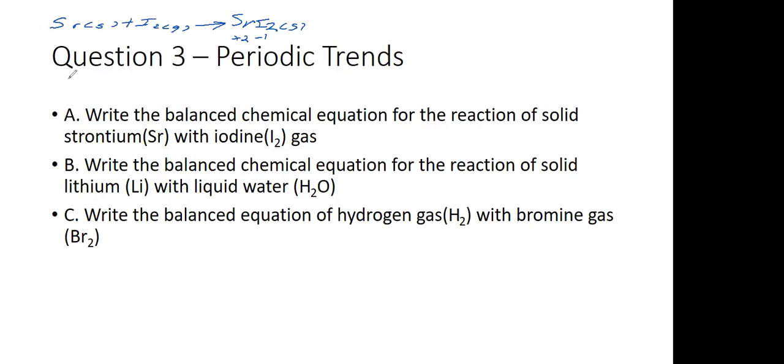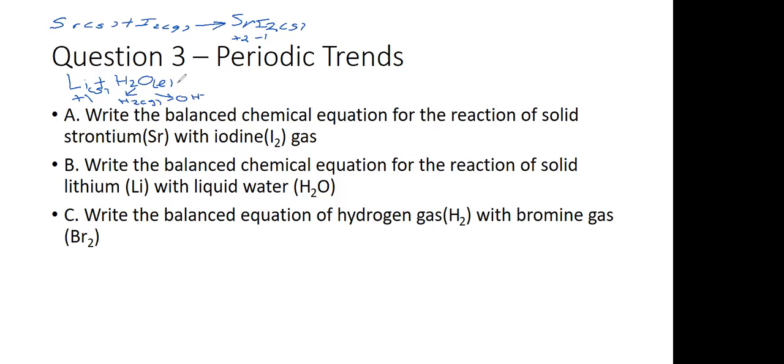So B, we have lithium plus water. So lithium solid, don't forget your state symbols like I just did, plus water. So lithium is a group 1 metal. Group 1 metals want to become +1. Water, when mixed with metals, what will happen, like we said on the previous slide, is that we'll form hydrogen gas plus hydroxide, OH minus.